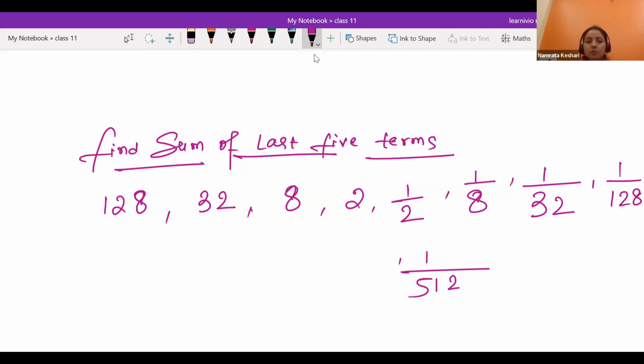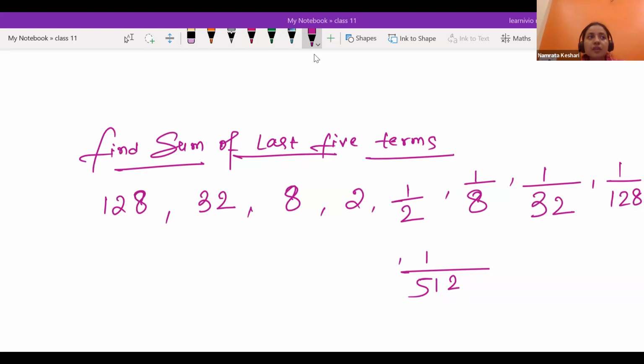So let me explain it to you. The formula which you have learned for finding the sum of n terms of a GP is the formula for finding the sum of first n terms. Have I said this in class? Yes or no?